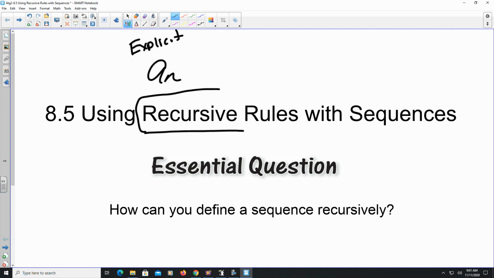The issue with recursive rules is that to find, say, the fifth term in a sequence, you need to know what the fourth one is, or possibly the third. So you're going to have to know some prior terms in order to figure out the term that you're looking for.